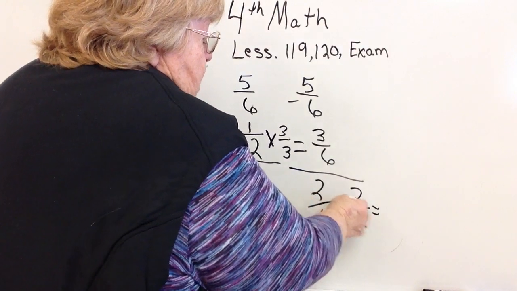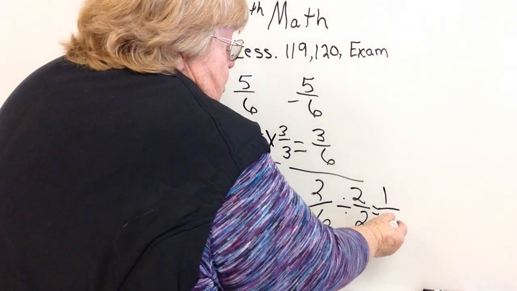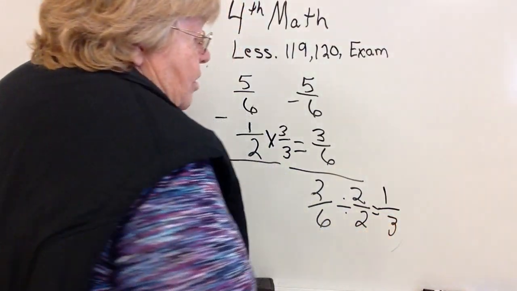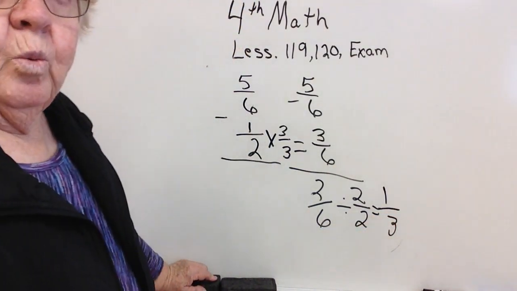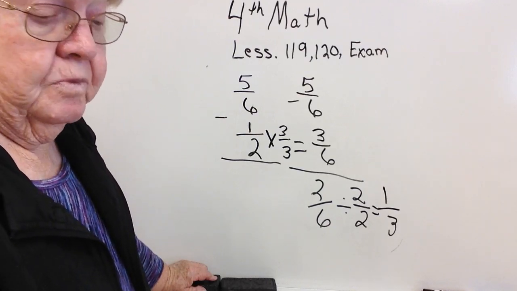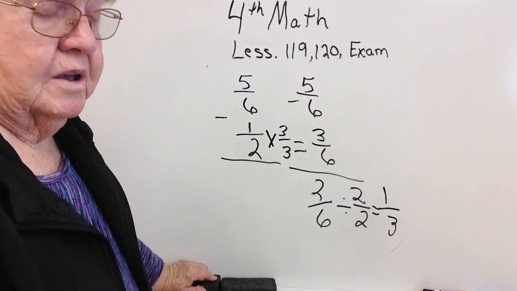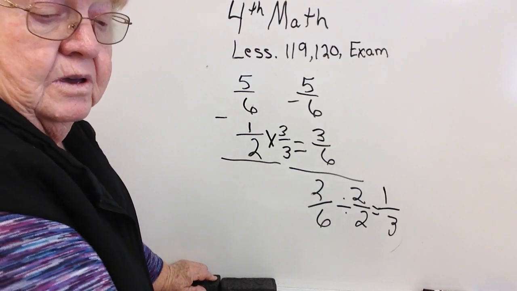So 2 divided by 2 is 1. 6 divided by 2 is 3. So our answer is 1/3. Okay? Do not forget to simplify or reduce.